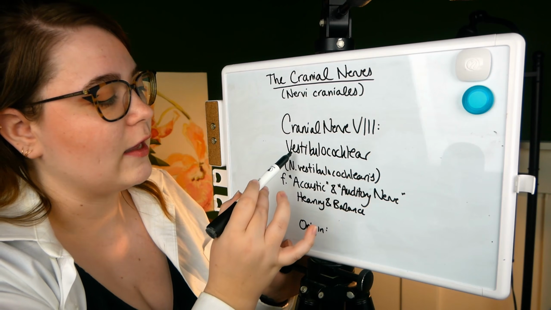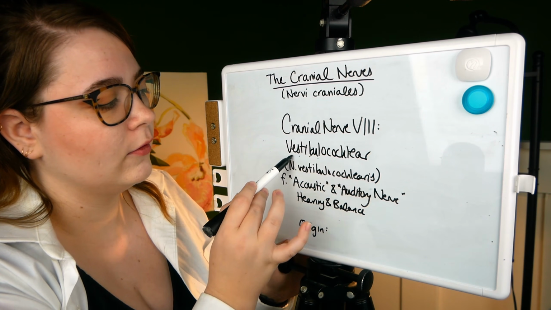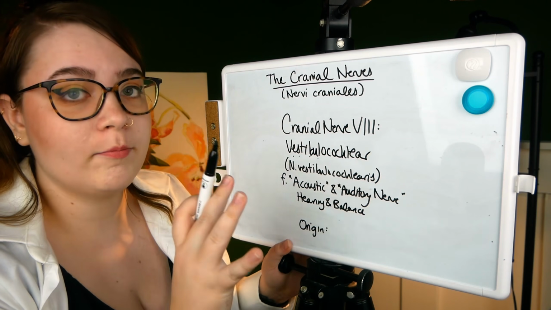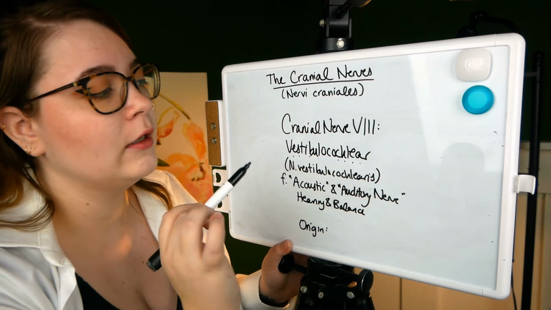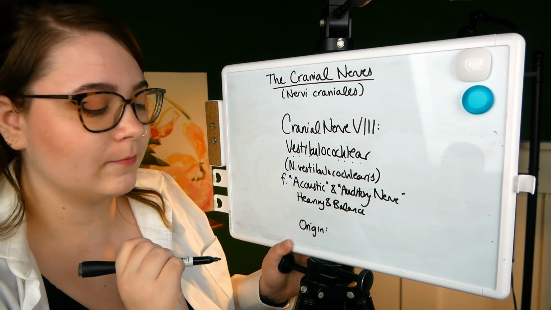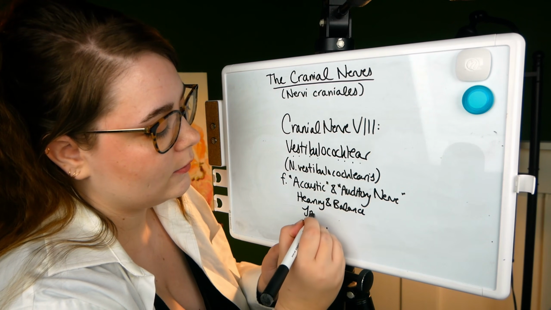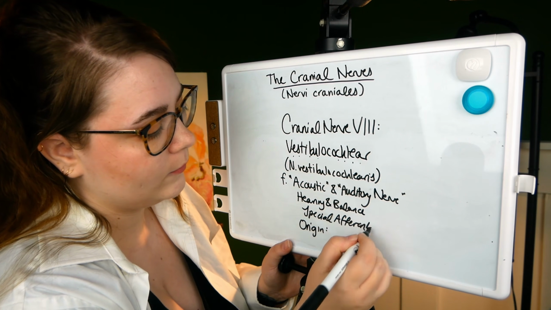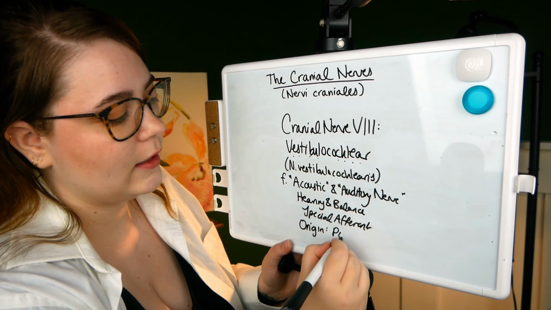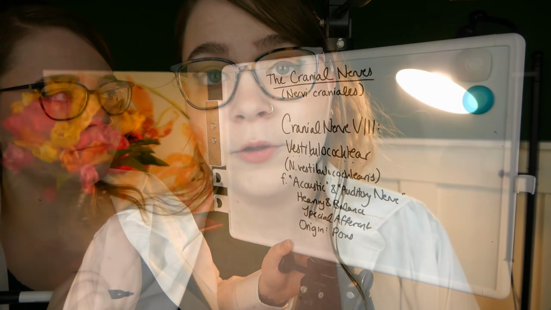So we have the vestibular nerve, which is our balance and motion, and the cochlear nerve is for hearing. So this is a special afferent nerve, and it originates in the pons.